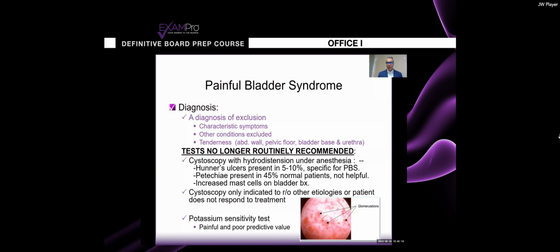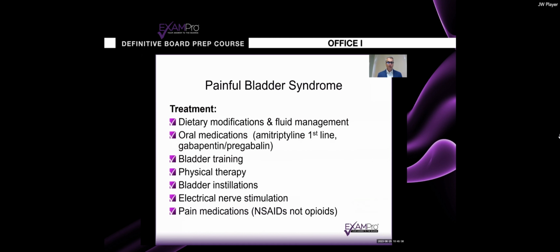We don't do lidocaine instillation or any of these kinds of things. A voiding and fluid log to confirm frequent low volume voids can be helpful. Urinalysis with urine culture, looking for hematuria and infection, also can be helpful. Post-void residual with ultrasound, again, looking to see that the patient doesn't have any other components of voiding dysfunction can be helpful. And then we move on to treatments.